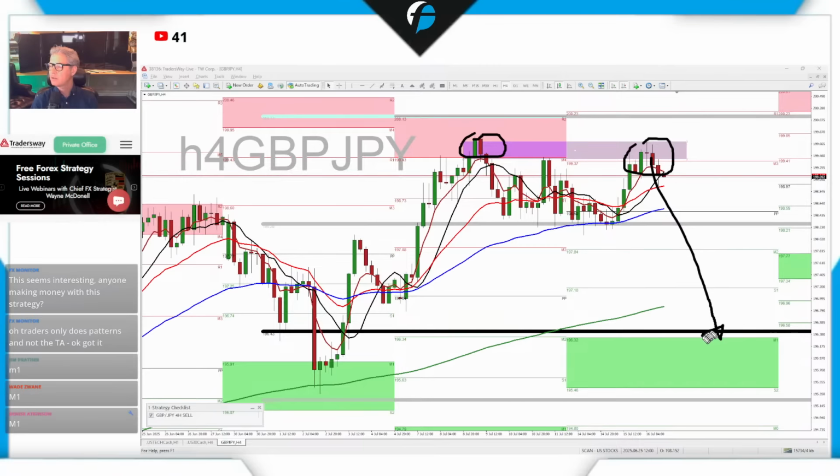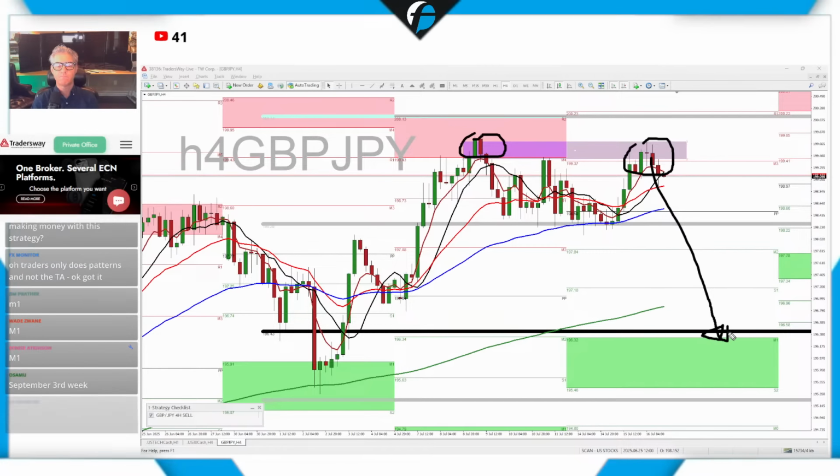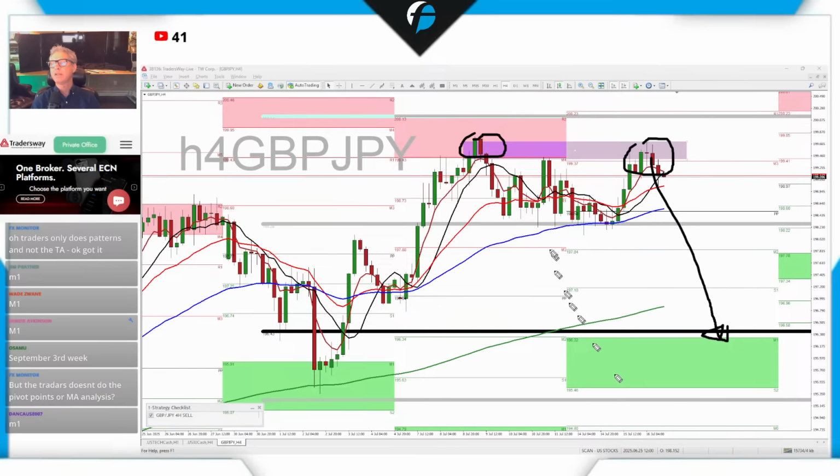There's the target. Just happens to be the monthly central pivot point, too. Osamu, I like that answer, too, but not necessarily. And I guess the question was technical.